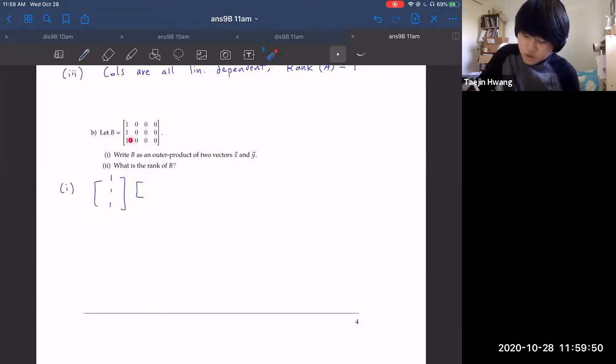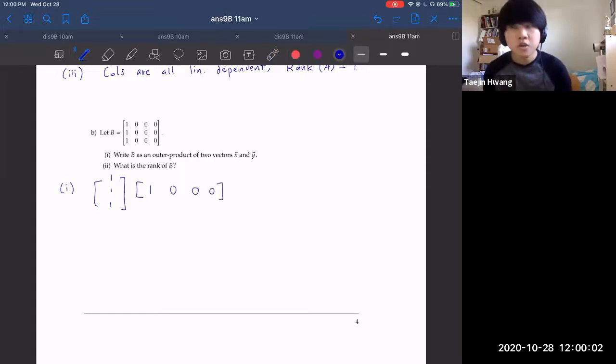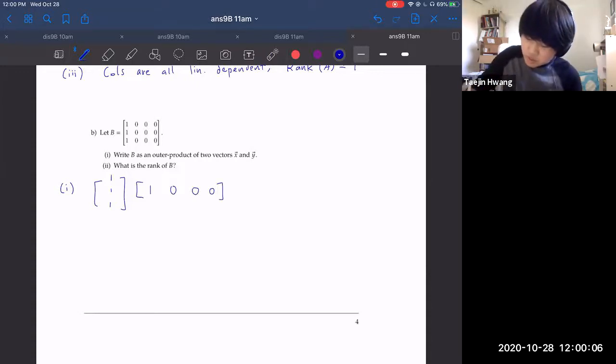The first column is scaled by 1, and all of the other columns just zero out the vector. So this is how we would write B as an outer product of x and y, and the rank of B, again, is just 1.